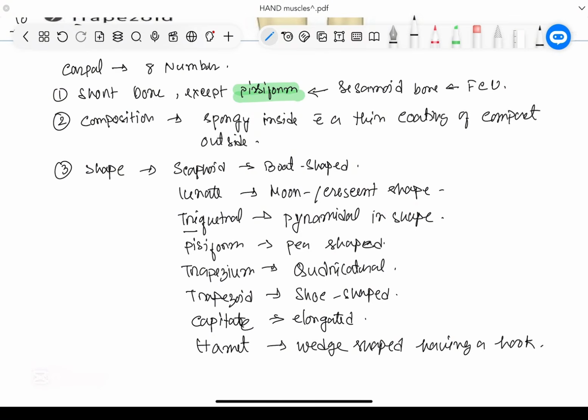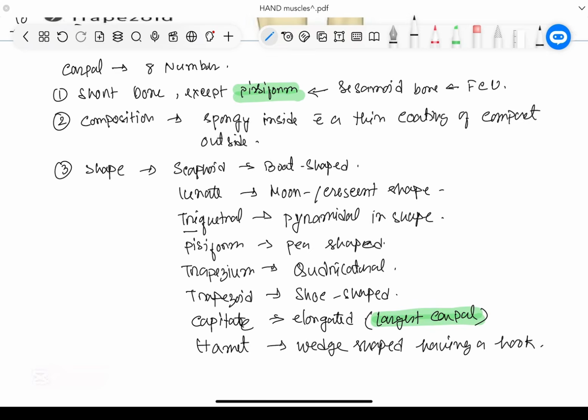So, these are the characteristic features. By seeing how they look, you can understand what type of bone it is by shape. Capitate, you just remember it is the largest carpal. This is also a highlighted point we have to remember: it is the largest carpal among all the carpals.